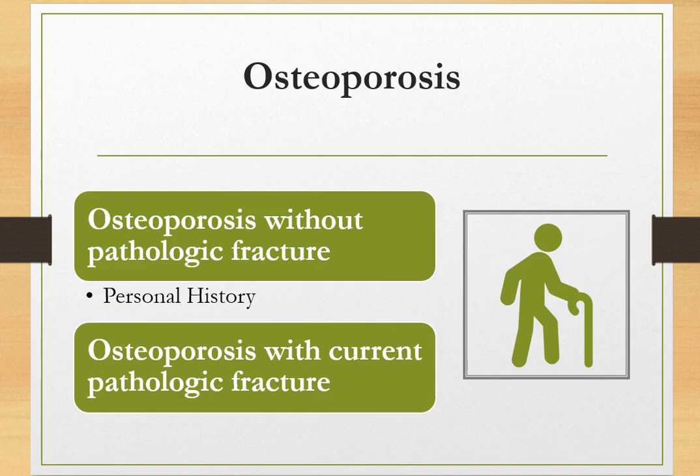Lastly, osteoporosis with a pathological fracture. We already stated this is coded to category M80 because it's going to identify that specific site. Now, the code from M80 is not a traumatic fracture code. That's Chapter 19.